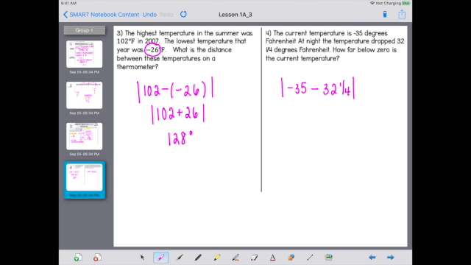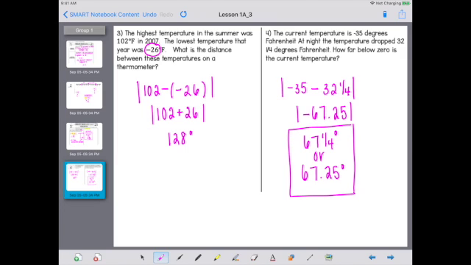When you plug into the calculator negative 35 minus 32.25, you're going to get negative 67.25. So the absolute value would be 67.25, 67.25 degrees below 0.